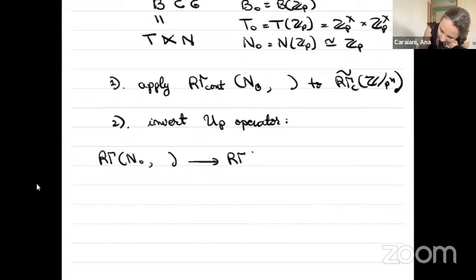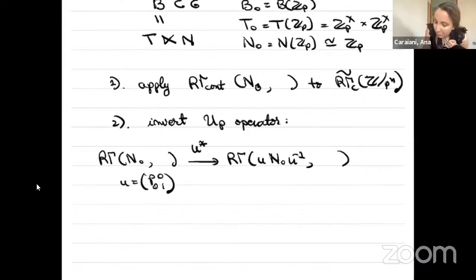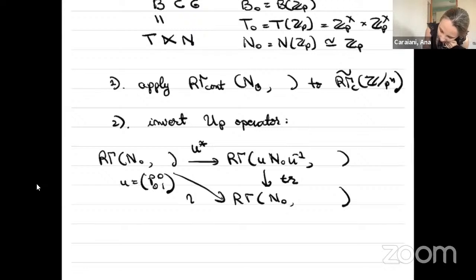So this, to say U N0 U inverse, where U is the matrix (p 0; 0 1). There's a U up or a pullback map. Now, this is going to be something that's smaller, contained inside the Z_p points of the unipotent, and there's a trace map back to the original object, and this whole thing gives you the U_p operator.